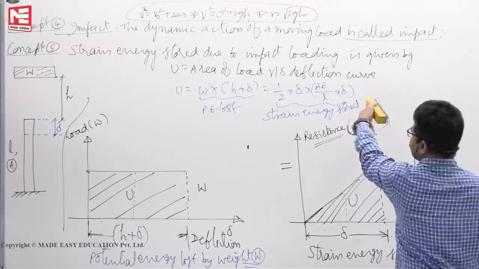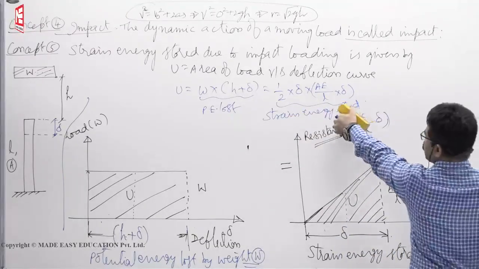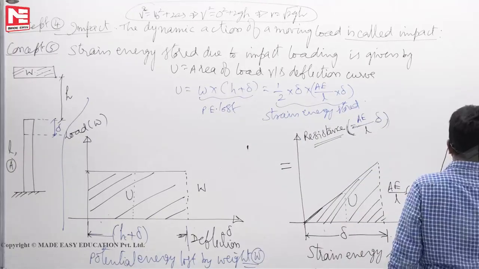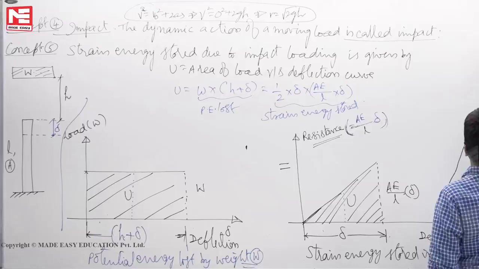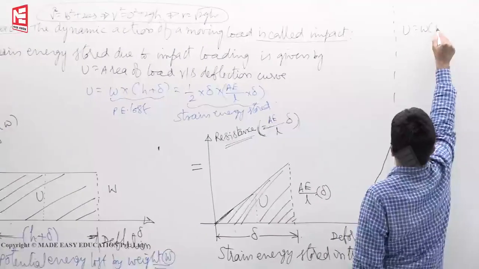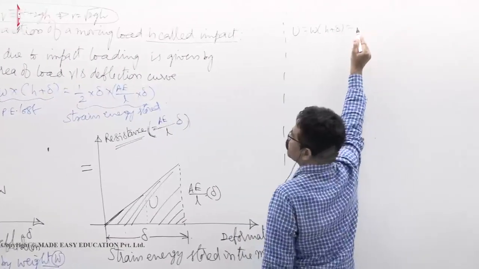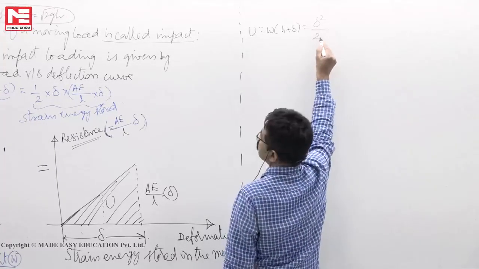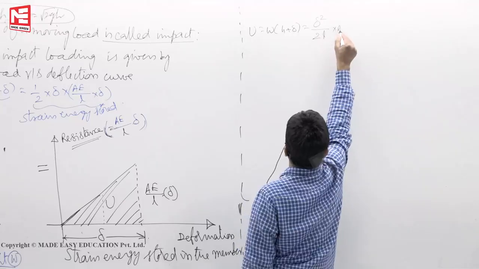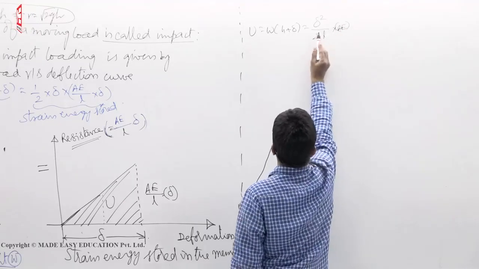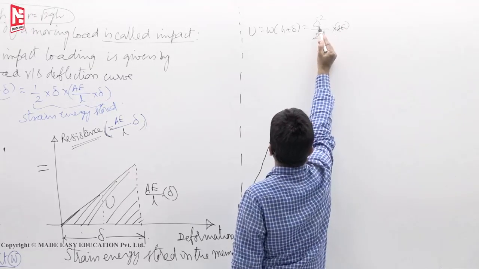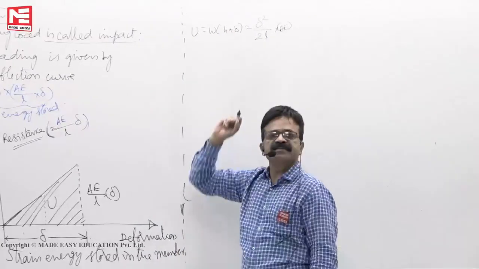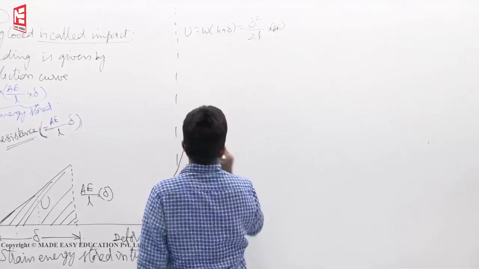Now, this is a second order equation, because delta square is there, delta is there, H is there. So you will get U is equal to W into H plus delta is equal to delta square by 2L into AE. So some K1 into delta square, K2 into delta plus W into H is constant. So it is a quadratic equation.